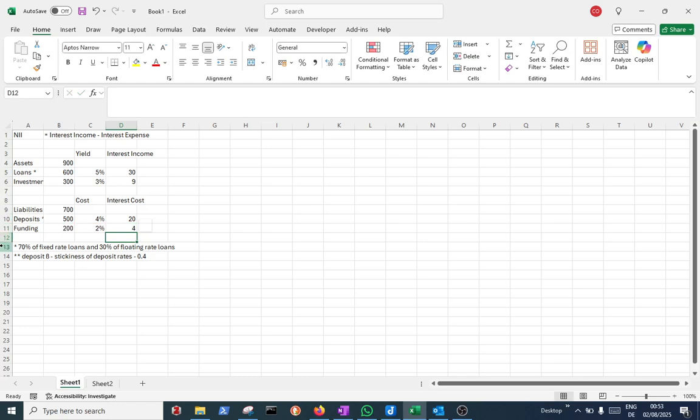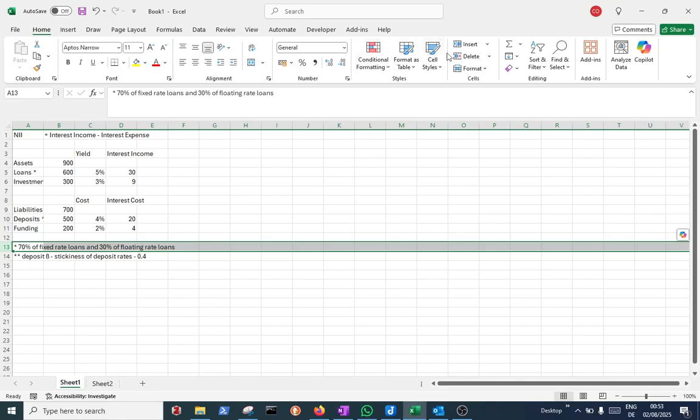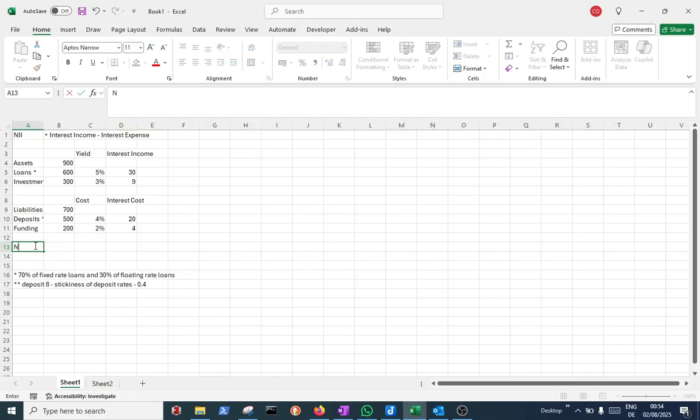Let's make some space and calculate net interest income and also margin. For net interest income, we shall have interest income minus interest expense.